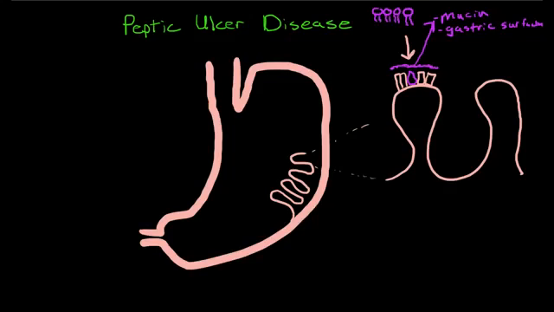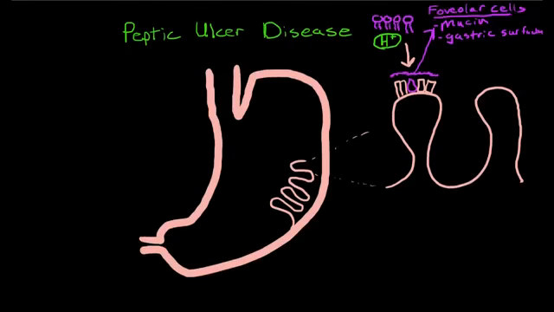In particular, the charged molecule that we're really worried about here is the hydrogen ion. So this provides an impenetrable barrier protecting the mucosal cells. And again, those are called foveolar cells.